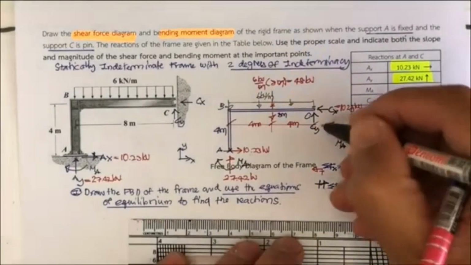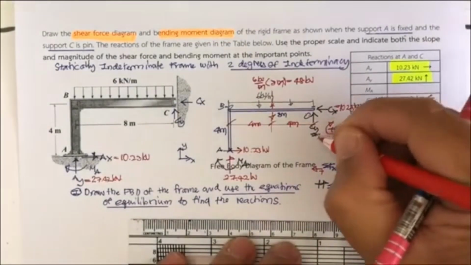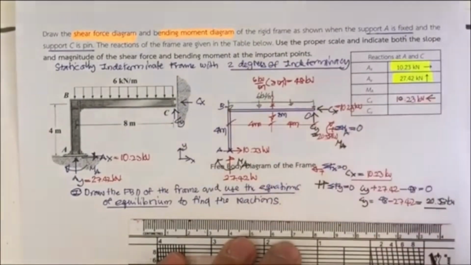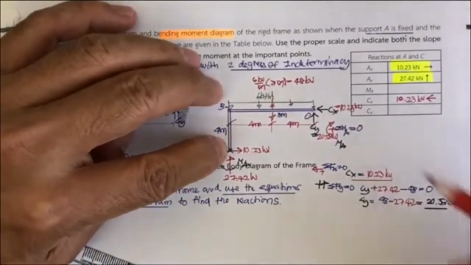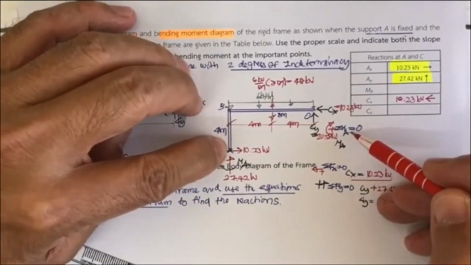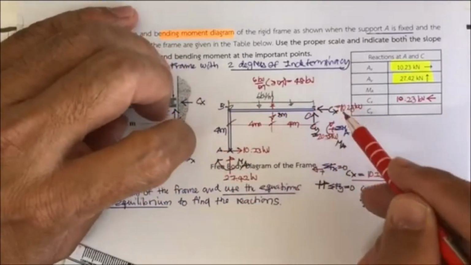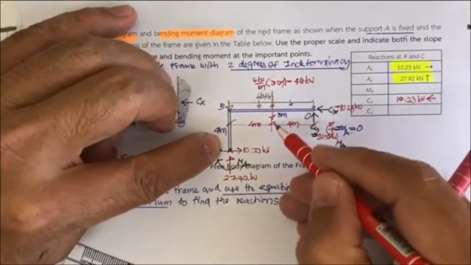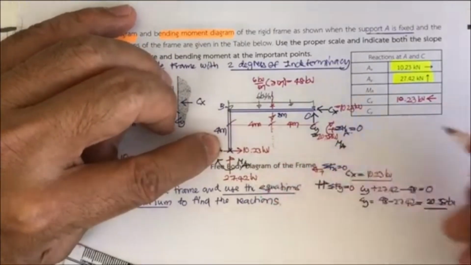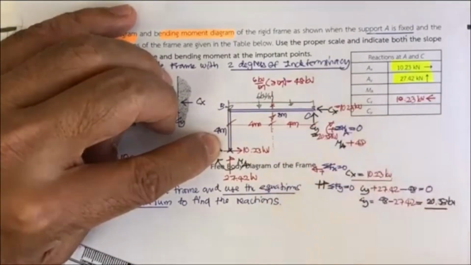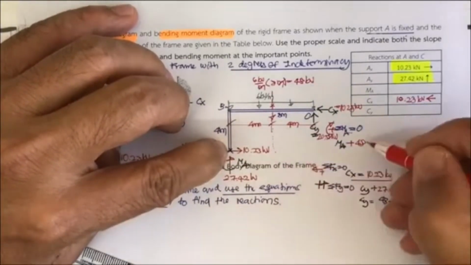Now you have this 20.58 kilonewton, and you also have this one already. So now the equation of M sub A equal to 0 is applicable. We have clockwise as the positive. You may see this force is going to rotate clockwise, so it's plus 48, and this 48 is times this moment arm, which is 4 meter.